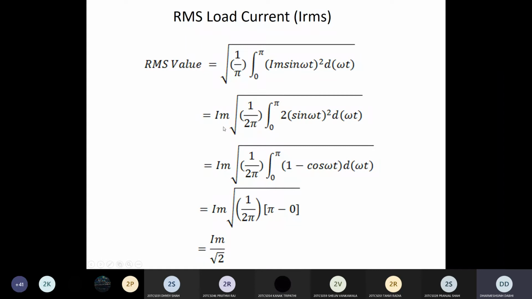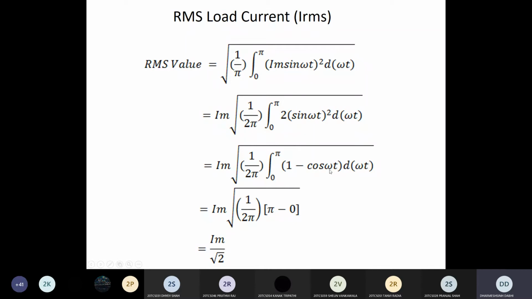So Im square comes out of the square root, so it is Im only. Then in the second step, Im square root of 1 upon 2 pi integration 0 to pi of 2 sin square omega t. This we can write as 1 minus cos 2 omega t divided by 2. So the denominator 2 and this numerator 2 cancel out, so only 1 minus cos 2 omega t remains.